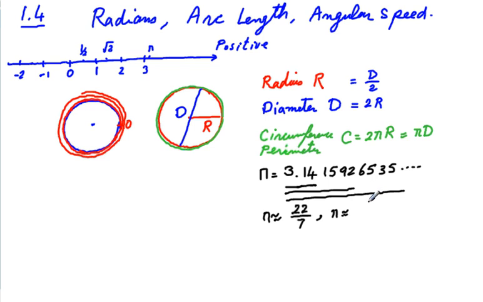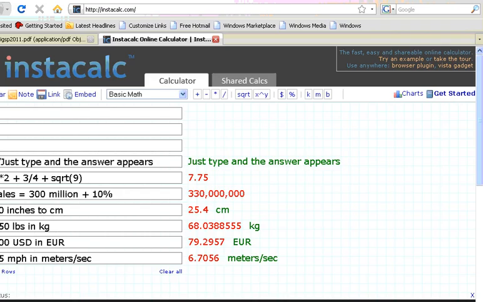If you have taken a lot more geometry classes in high school, they might have told you that the ancient Chinese had another approximation, which is this nice looking fraction, 355 over 113. What is that? Let's see.